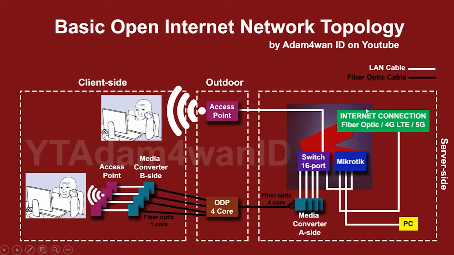Or maybe you can use satellite internet for the backbone. You can use that if your location is not covered by fiber optic, 4G LTE, or 5G connection. You can use satellite connection.